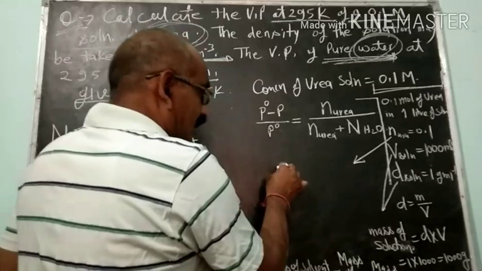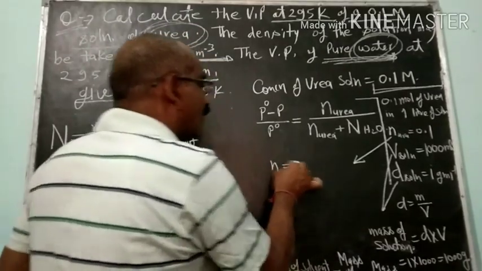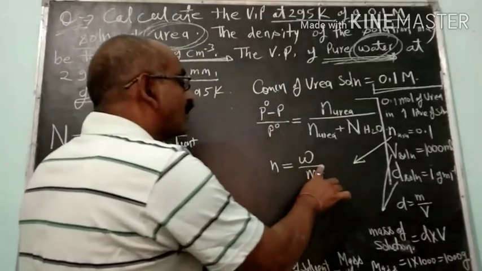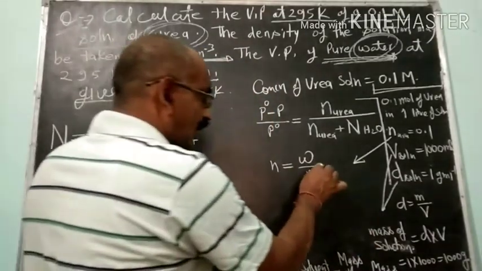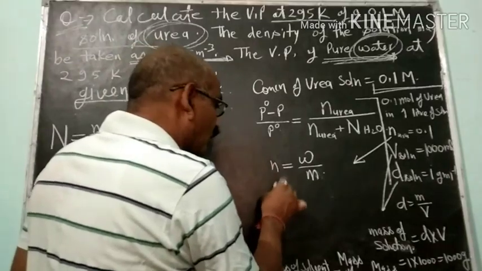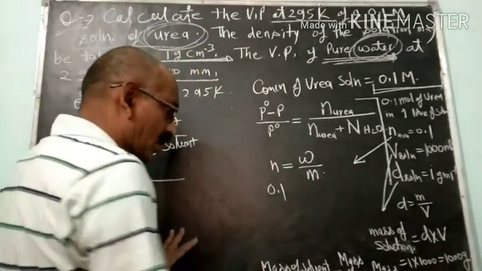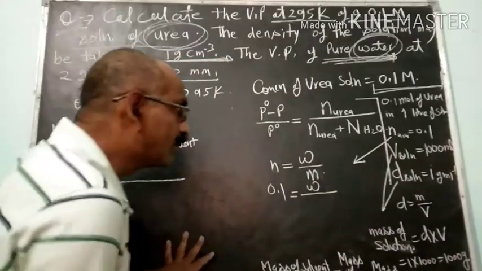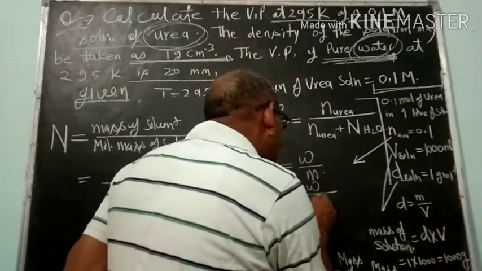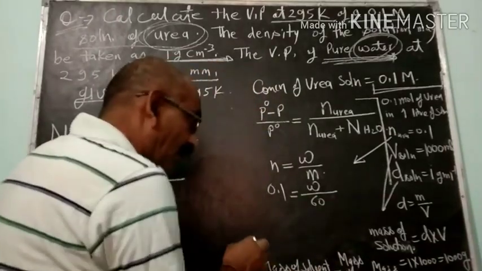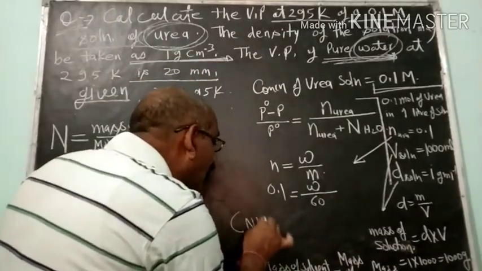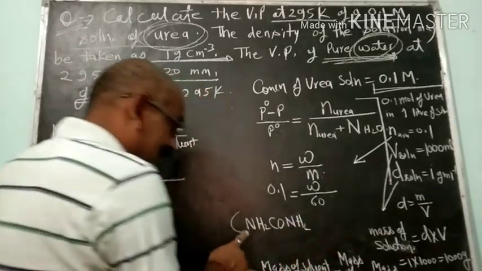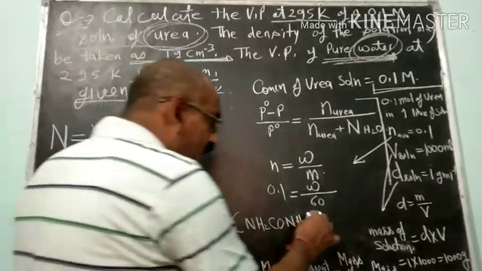You know the number of moles is equal to mass over molecular mass. Okay? So the number of moles of urea is 0.1. So the mass, let it be W. The molecular mass of urea is 60. We can determine it. The molecular formula of urea is NH2CONH2.